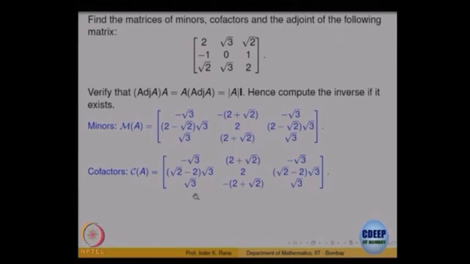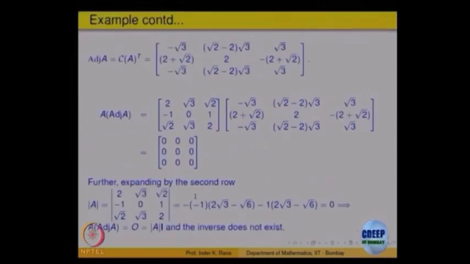Basically, you compute the minors matrix, you compute the cofactors matrix, and then the transpose of that gives you the adjoint, and you multiply. And you see that it may come out equal to determinant of A times identity, or it may come out to be something else.